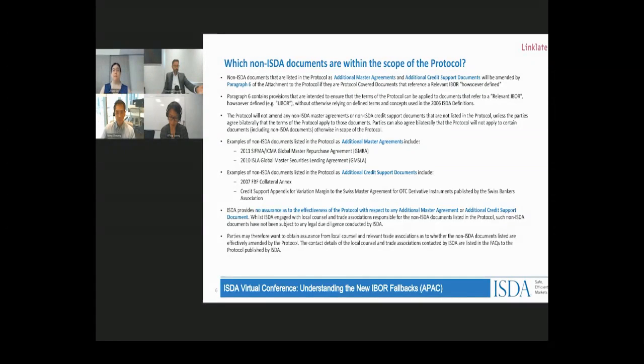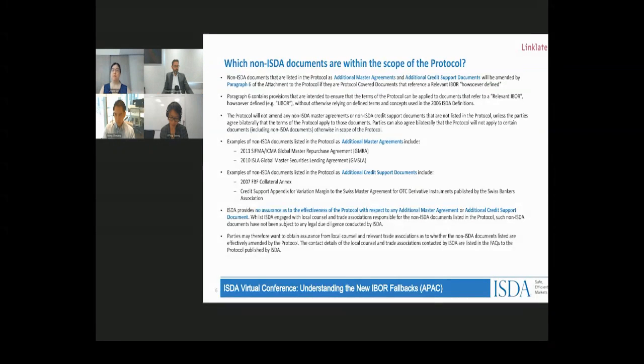Now, some of the examples I would like to take all of you through, most importantly, are the GIMRA and the GIMSLA. These are the master documents that cover repurchase, repo transactions, and the securities lending agreements, the GIMSLA. These are your stock lending and borrowing agreements.